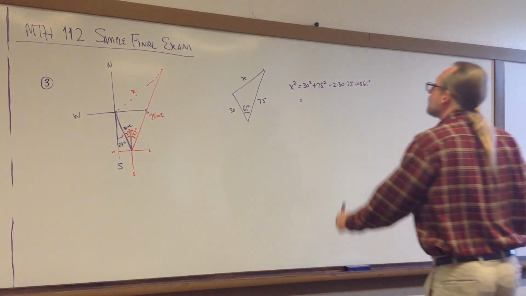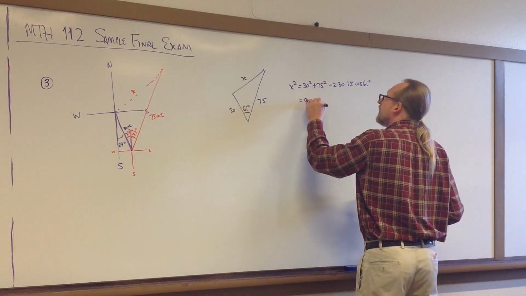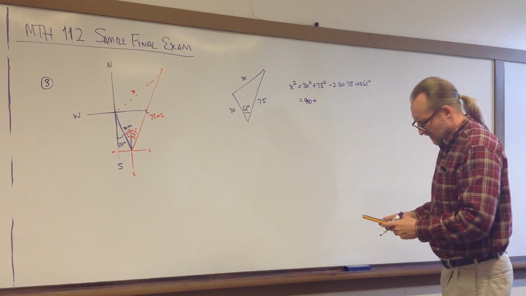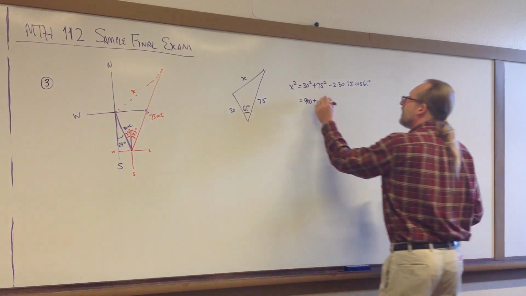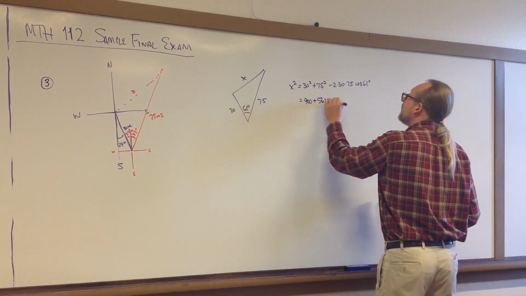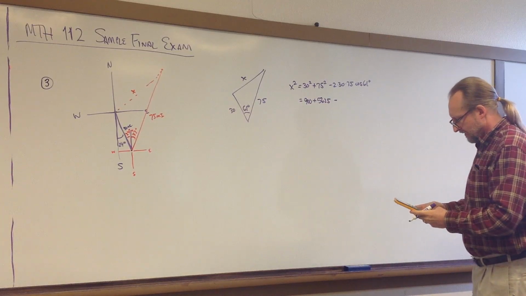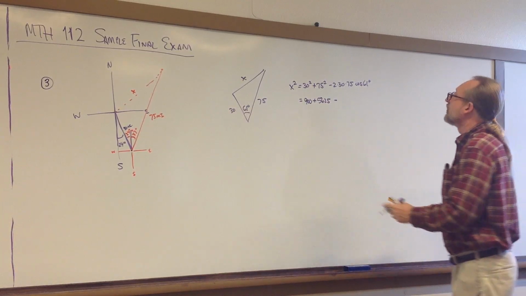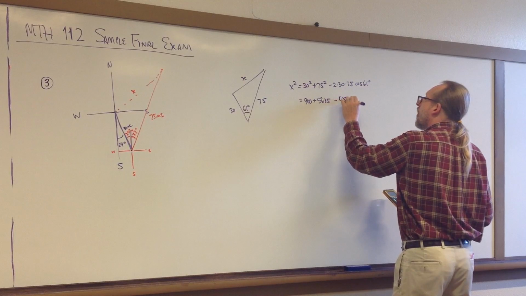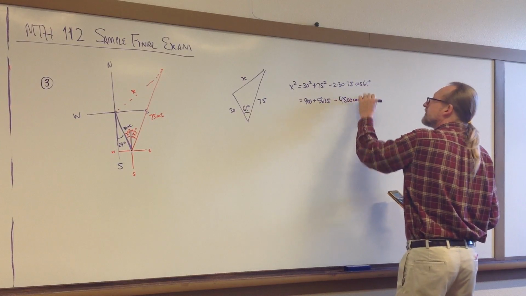All right, so 30 squared, 900, 75 squared, 5,625, 60 times 75, 4,500 times the cosine of 61.